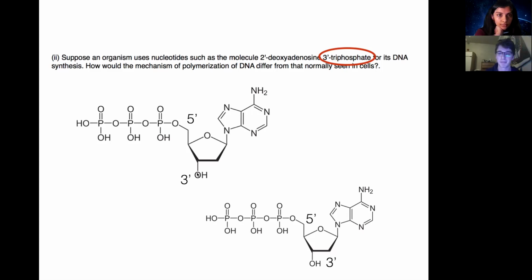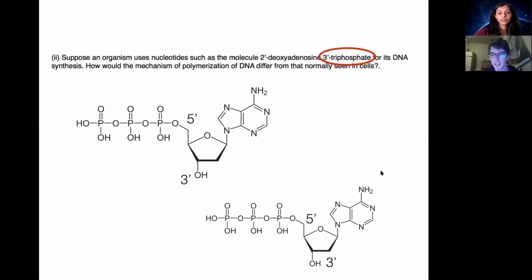So what's the 2' in reference to in the question? I think the 2' is referring to the deoxy, right? There's no hydroxyl group at the 2' carbon, which is characteristic of DNA. All right.